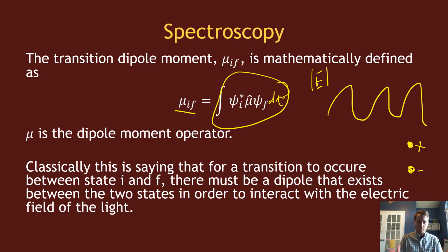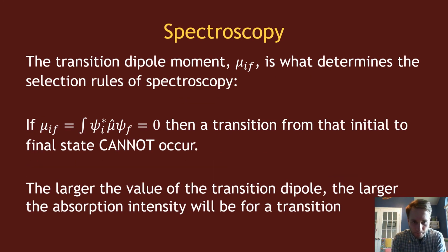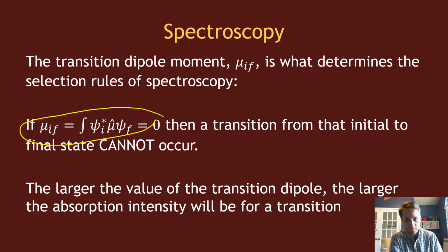So the stronger your transition dipole, the more readily it can absorb light. Note here, if your transition dipole is 0, that means you cannot have any transition occur from that initial to final state. Which means that there will be no peak that appears on your spectra related to transitioning from some initial and final state when its transition dipole is 0.